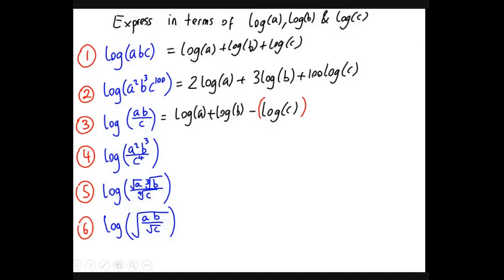Because when you take away things, especially when you're taking away more than one thing that's been added together, the brackets do become important because people forget to apply the negative to everything. So the brackets that I put in red are not necessary. Could you put the brackets, bracket log A plus log B, and then close brackets minus log C? Yeah, you can do that. It means the same thing.